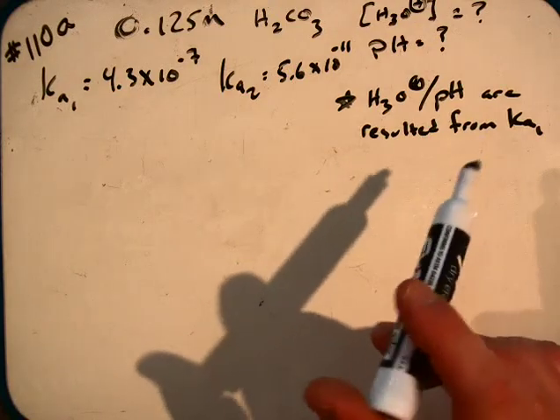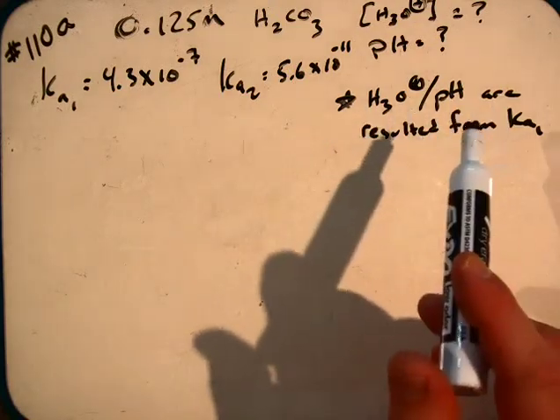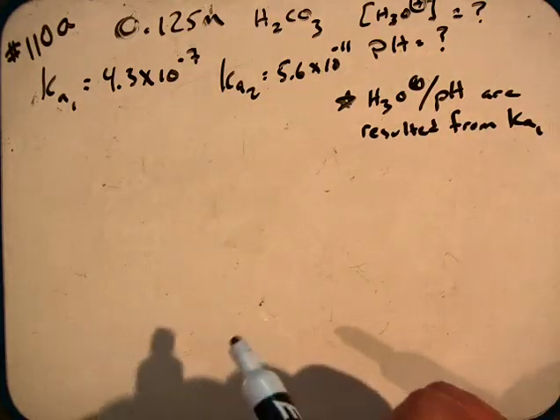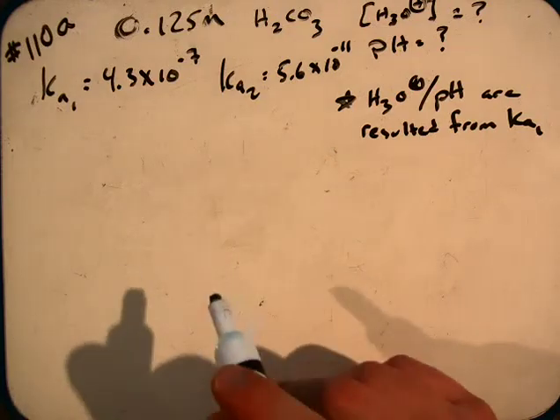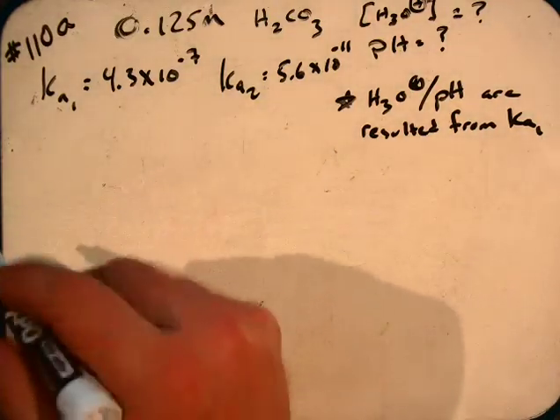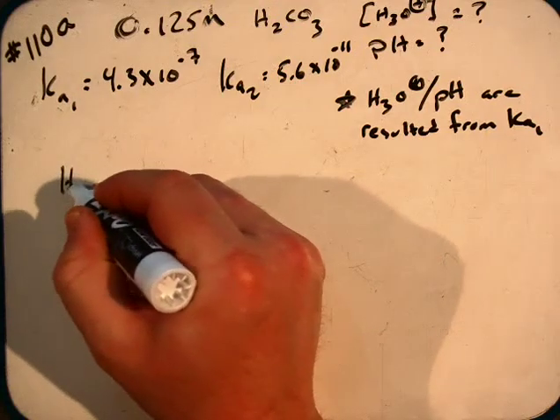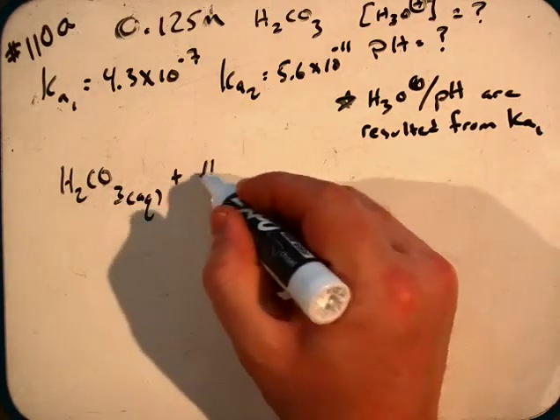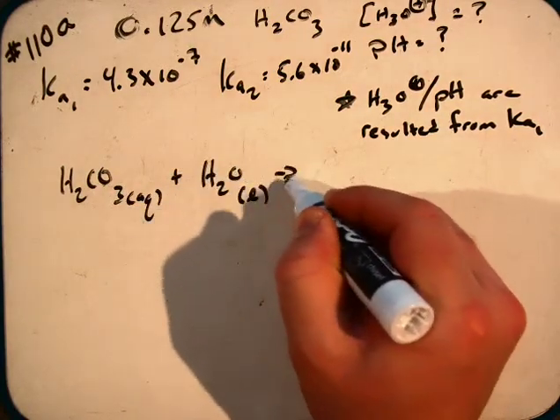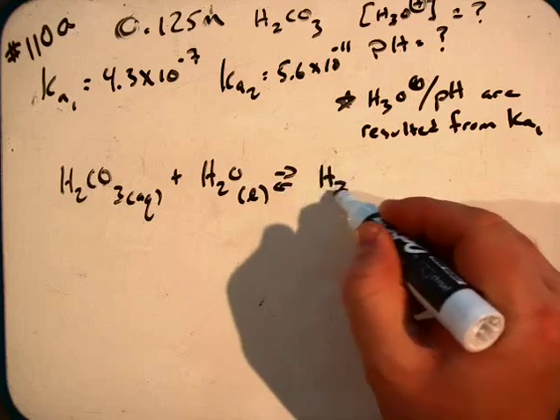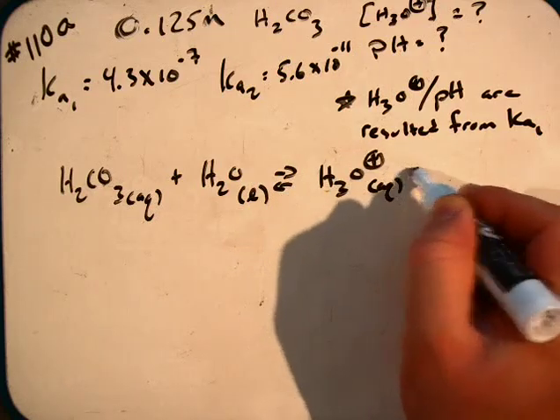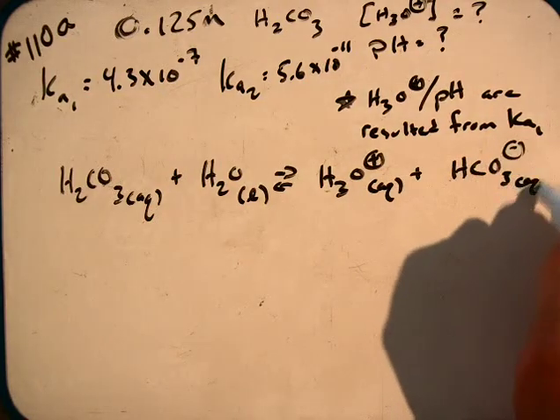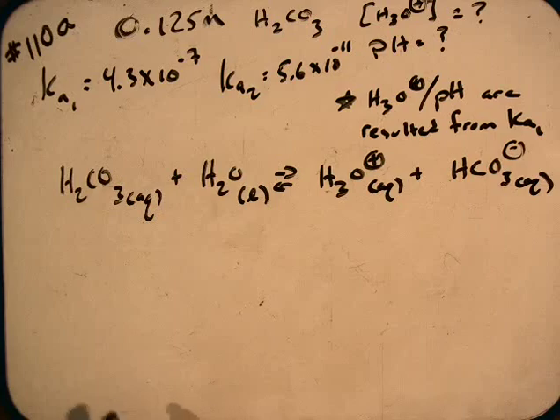It's not really asking that, but we're going to prove that, and first we're going to solve for these using the first step, and then we will go further and look at the actual second step and see how that changes our concentrations. And so if we're considering the equilibria that exist, we have to consider the first step involving the loss of a proton to water to generate H3O plus and bicarbonate anion.